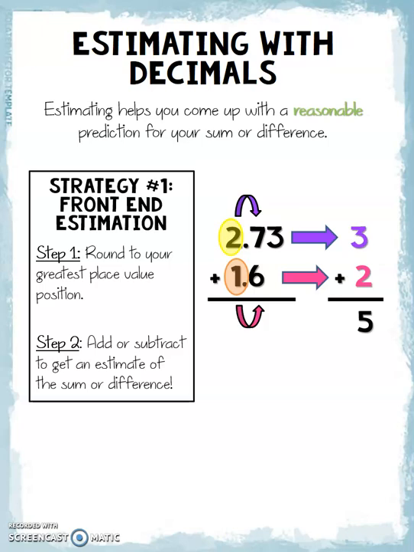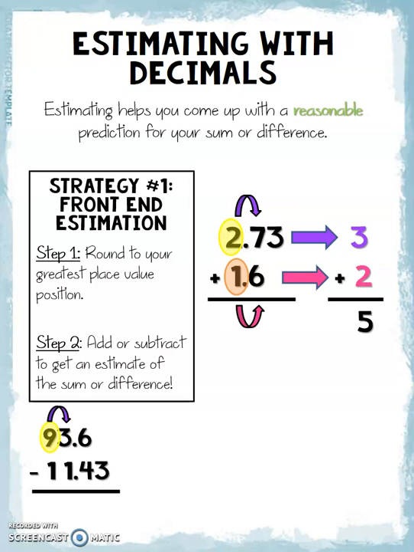Let's take a look at a subtraction example. This time I have 93 and 6 tenths minus 11 and 43 hundredths. In both of these numbers, my greatest place value position is the tens place. So first, in 93 and 6 tenths, I'm going to focus on the 9, and in order to round that, I need to look to the 3. The 3 means we're going to round down.